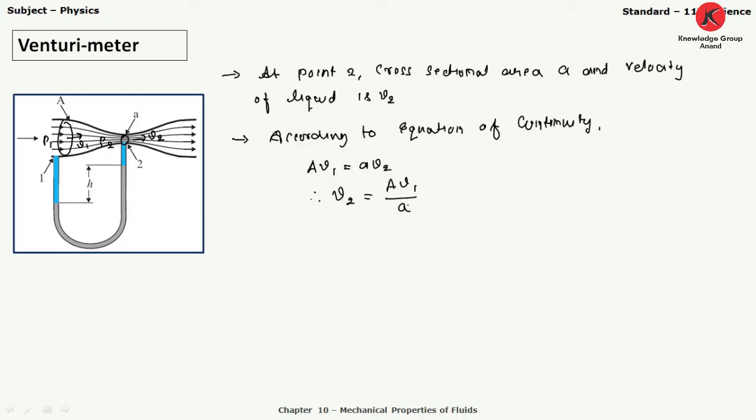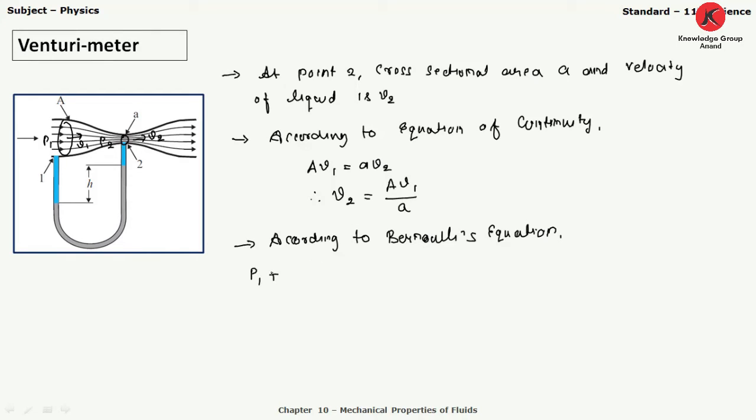Now let's apply the Bernoulli's equation over here. So according to Bernoulli's equation, what can we write at point 1 and 2?